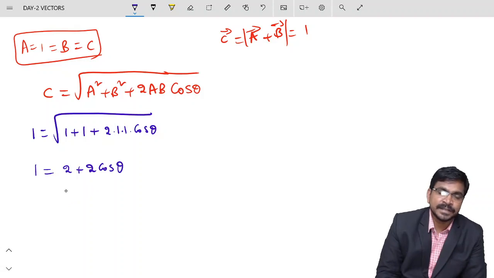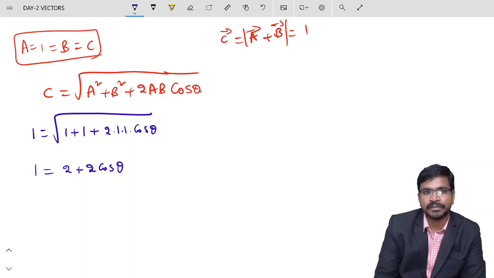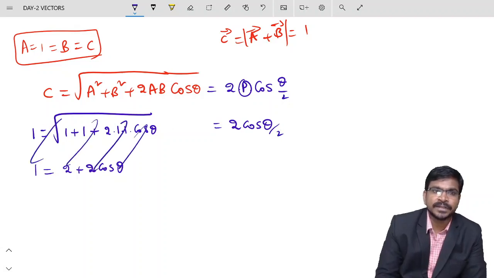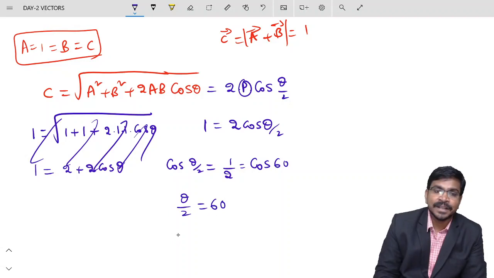Or if you feel it is a lengthy method, you can use another way. It can be written as 2 into p into cos theta by 2, where p is the magnitude of A and B, that is 2 cos theta by 2, and C magnitude is 1. So cos theta by 2 is 1 by 2. 1 by 2 can be written as cos 60. So theta by 2 is 60. Theta is 120 degrees.